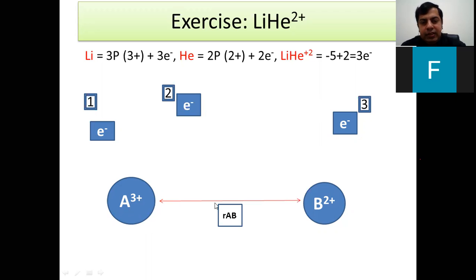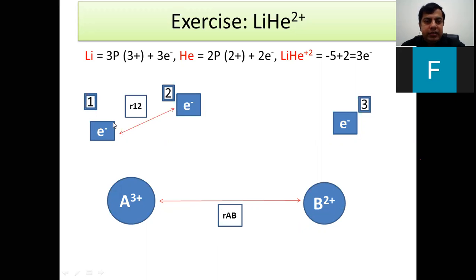This is the repulsion between, of course, positive charges, which are going to repel each other, and this is the distance between these two nuclei, labeled as A and B. That's why I have written R, A and B.